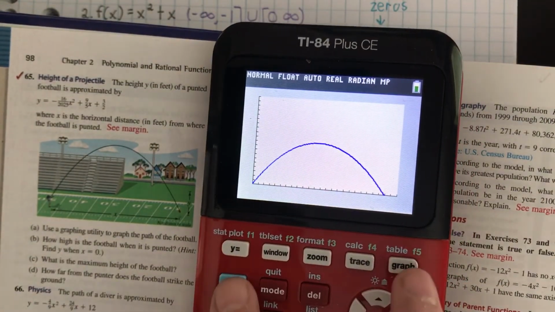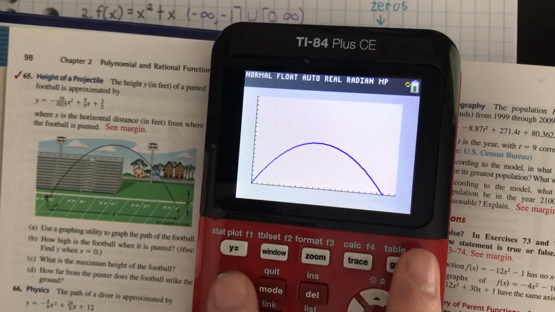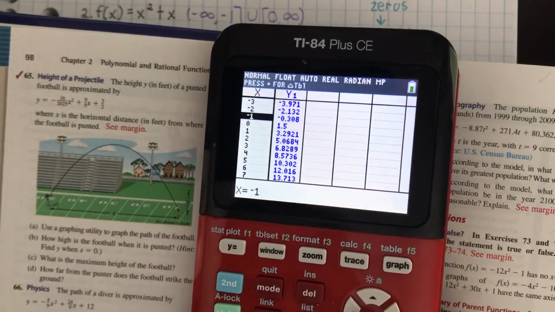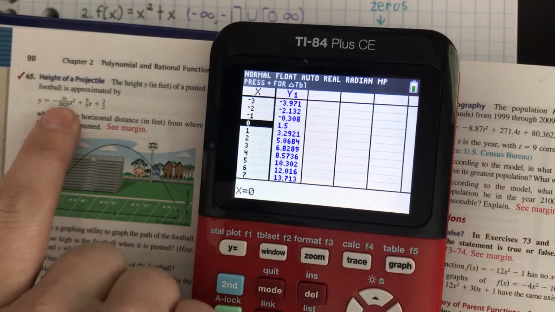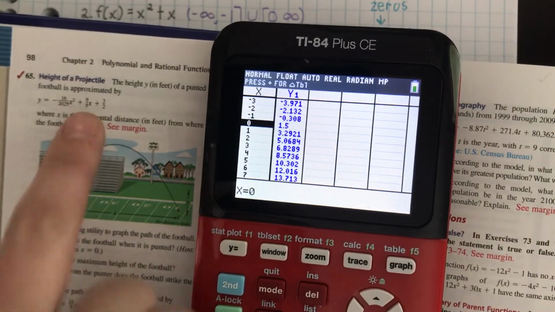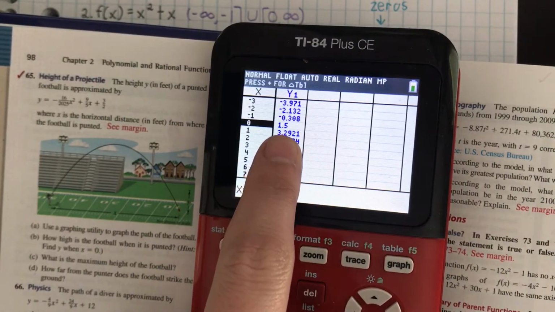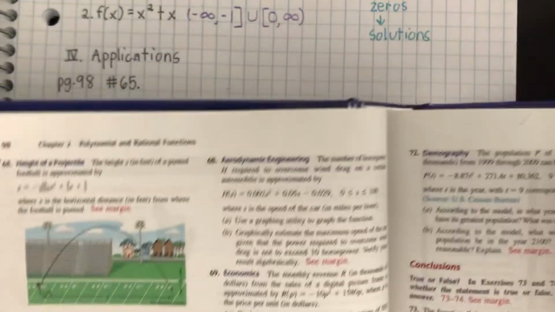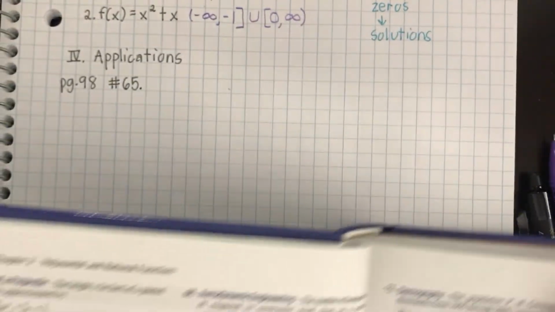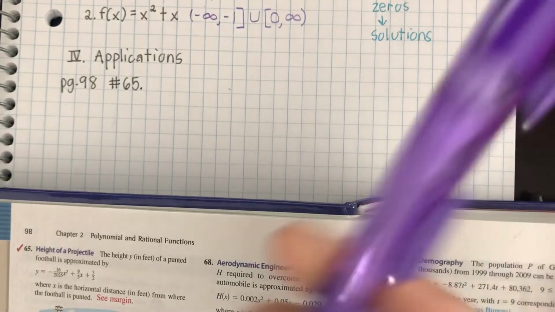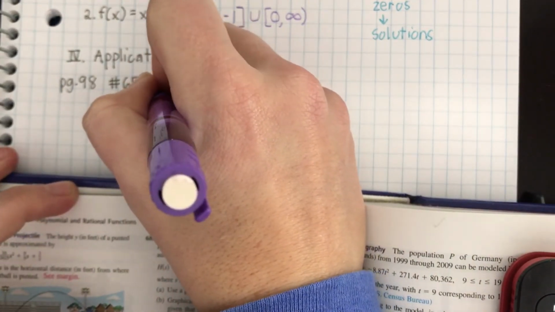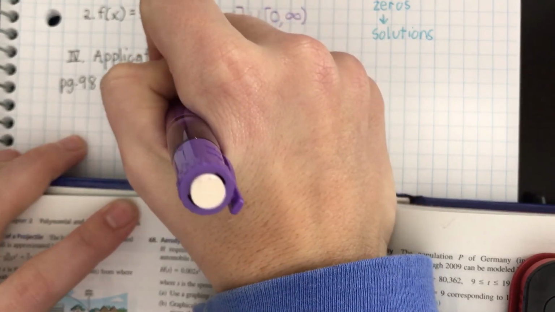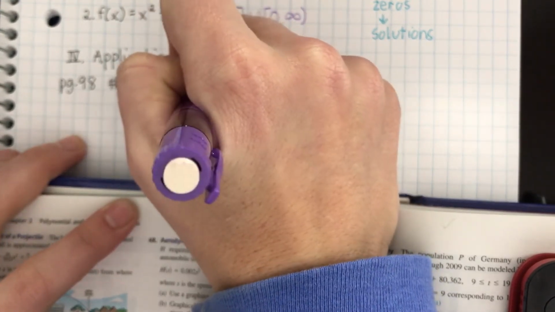So find y when x equals 0. The easiest way to do that, in my opinion, is look at the table. Well, when x equals 0, it makes sense algebraically. If you plug in 0 here and 0 here, y is 1.5. So part B is 1.5 feet.